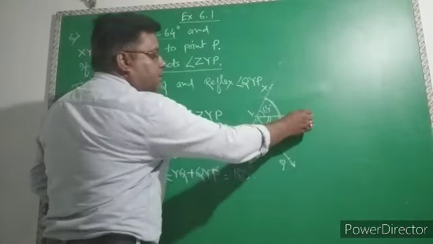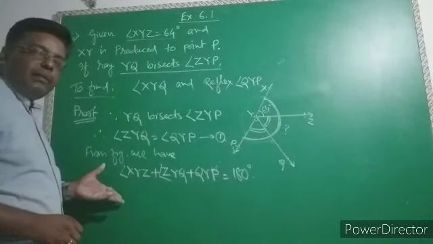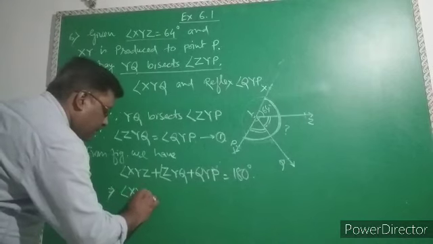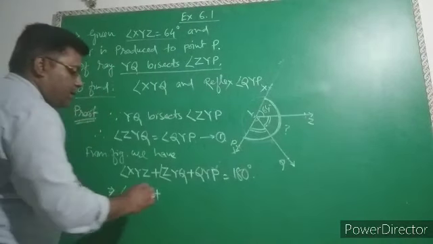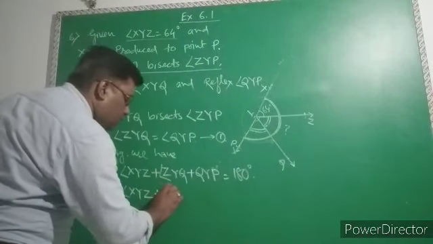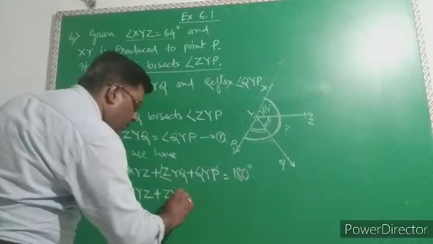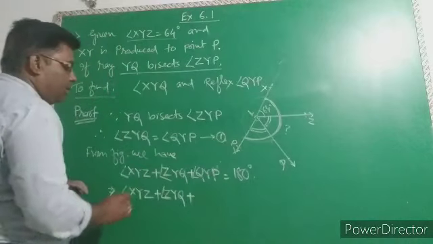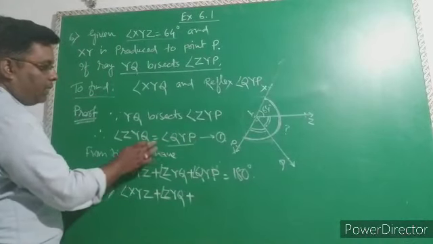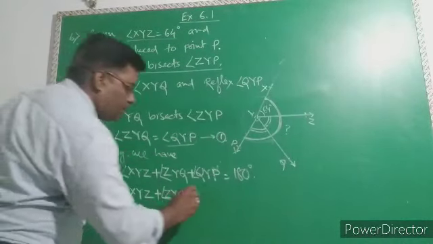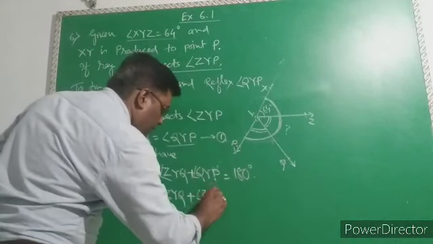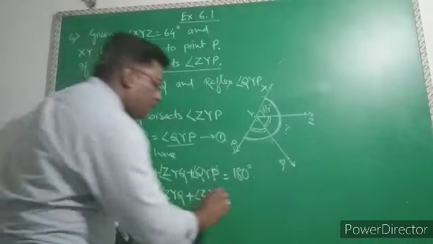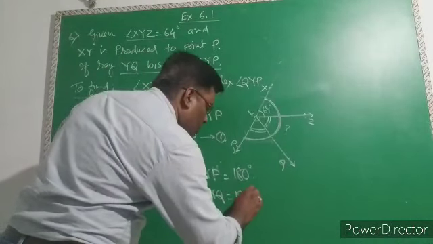So you can use any method. So angle XYZ plus ZYQ plus, in place of QYP we can write again ZYQ, is equal to 180.